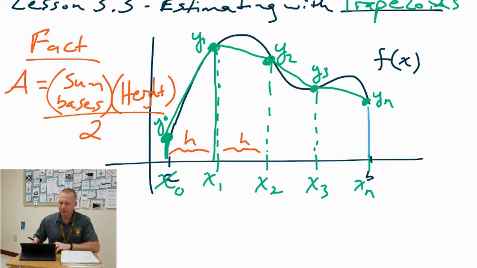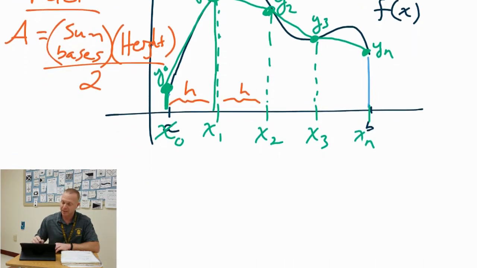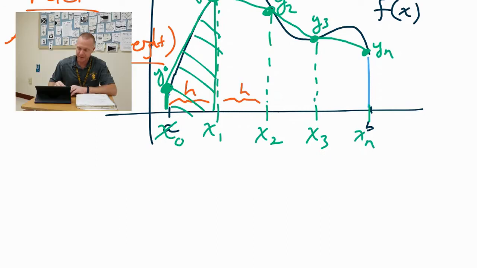So you ready to find the area of some of these trapezoids? In fact, how about each of these trapezoids? Let me back up a step. Let's call this the trapezoidal area approximation.